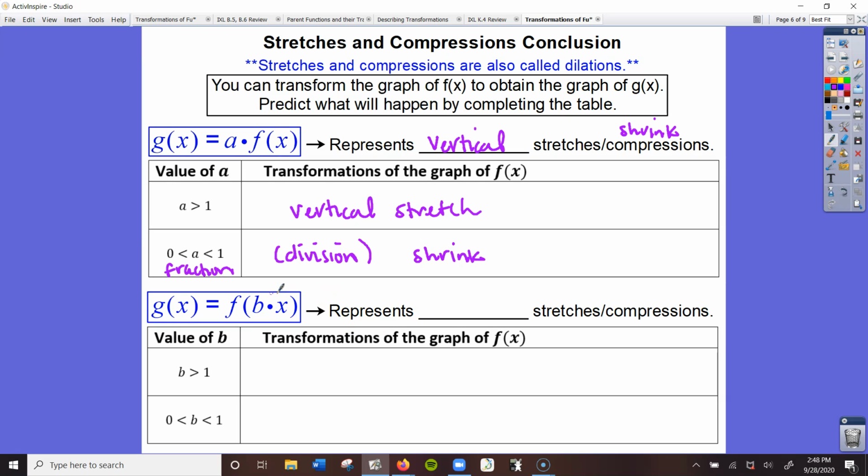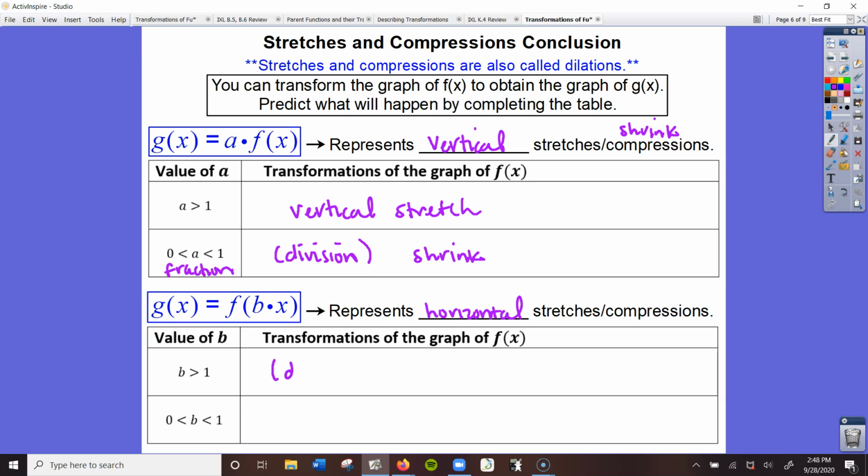Now, if you have a number inside with the x that is either multiplied or divided, this is a horizontal stretch or compression or shrink, whatever you want to call it. If you have a whole number, remember whatever is inside of that parentheses, you actually do the opposite. So like when we had f of 2x, we actually divided.